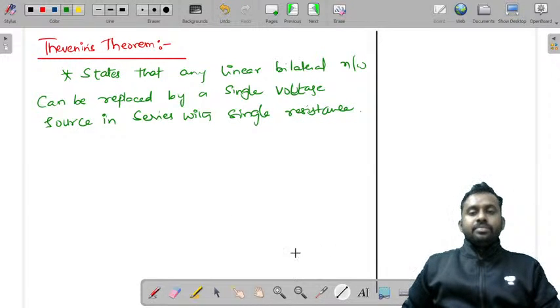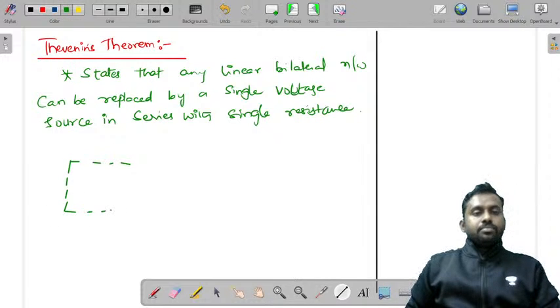That means, let us say you have a network which is connected to some, let's say, load.